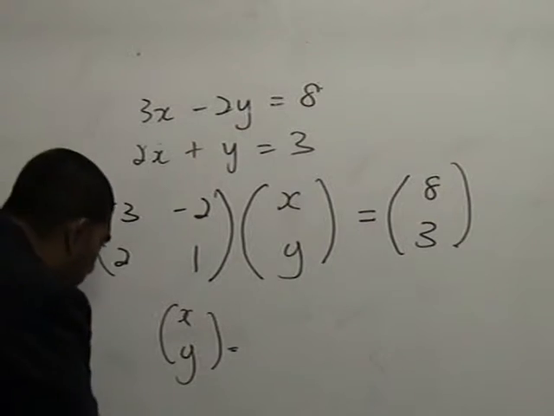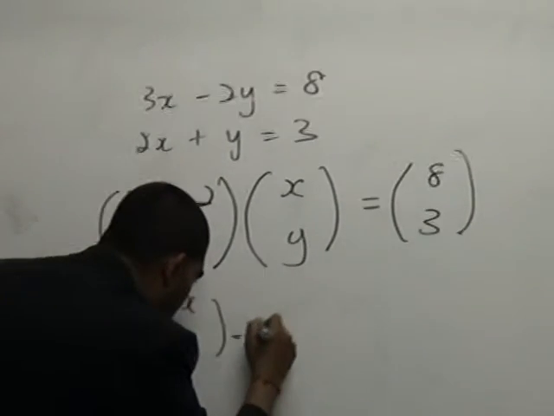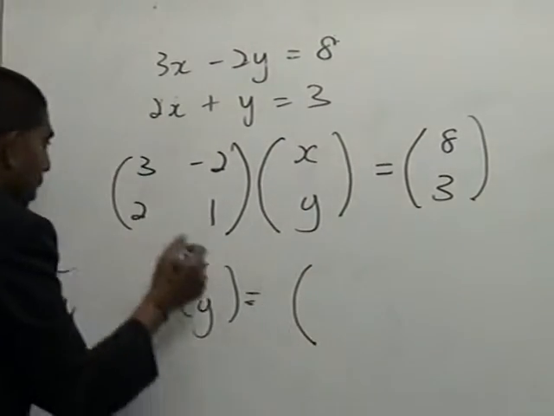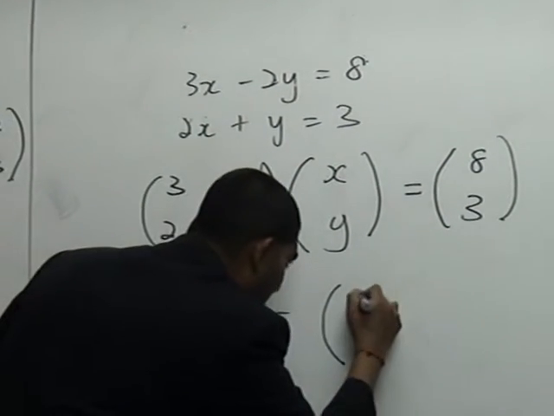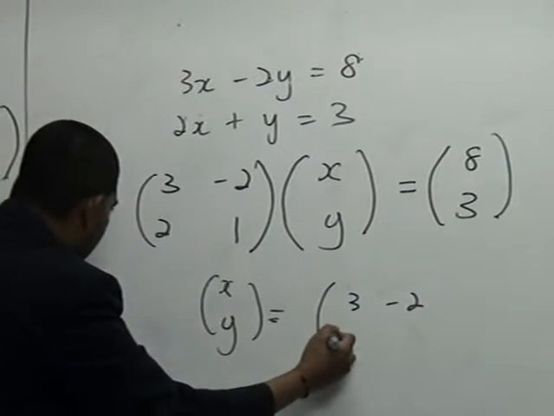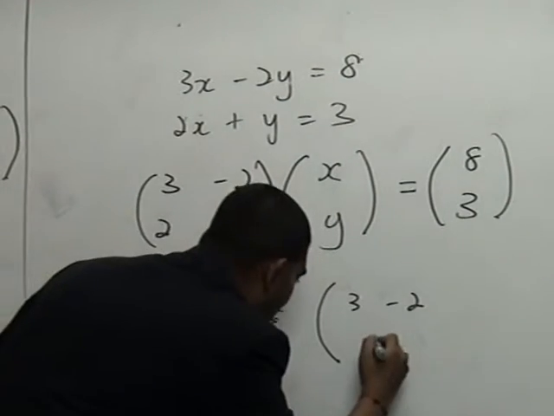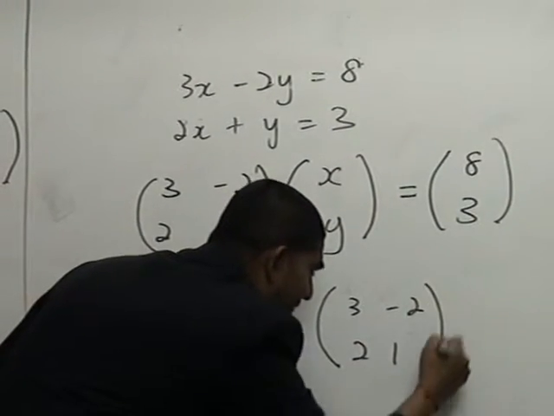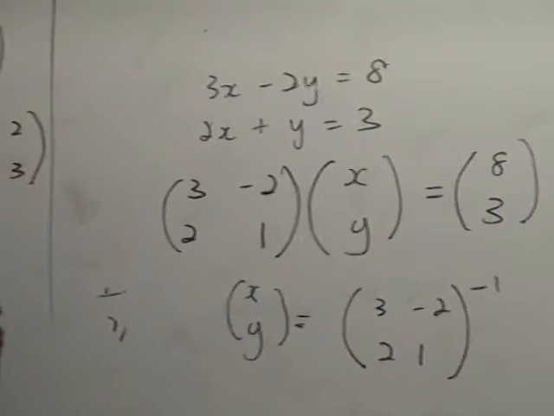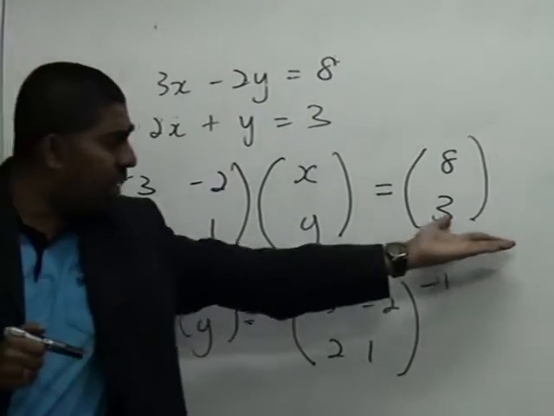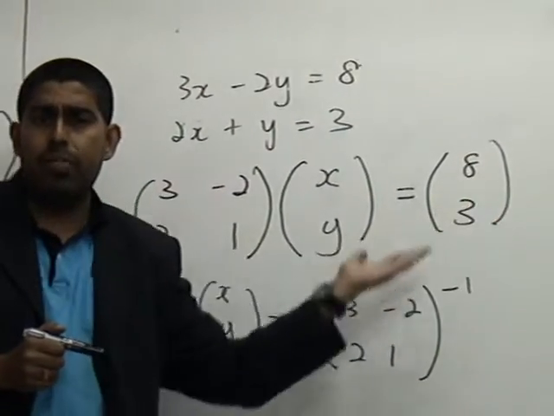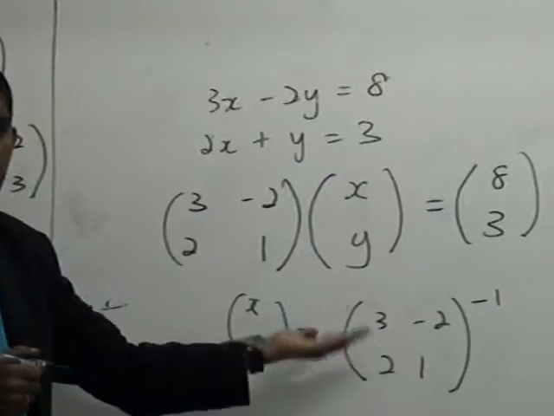When I do that, please pay attention. This thing, 3, negative 2, 2, 1 becomes an inverse matrix. Can you see now? It becomes what? An inverse matrix. So if a matrix is brought over the other side of the equal sign, it becomes an inverse matrix. Are you clear now?